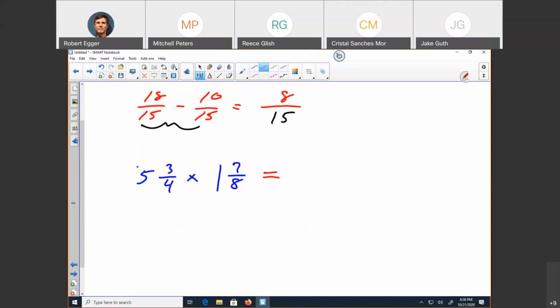Okay, so 5 times 1 is 5. And then, okay, I multiply the numerators and I multiply the denominators. So 3 times 7 and 4 times 8. So obviously it must be 5 and 21/32.